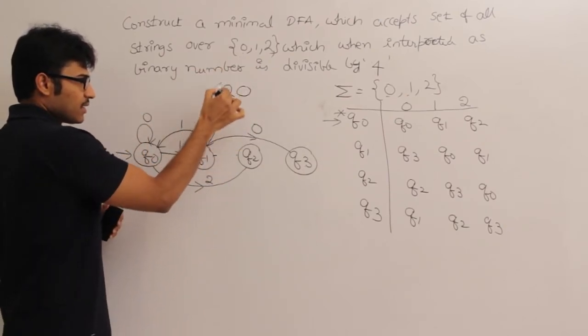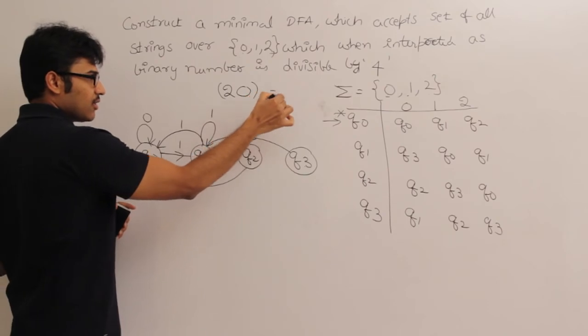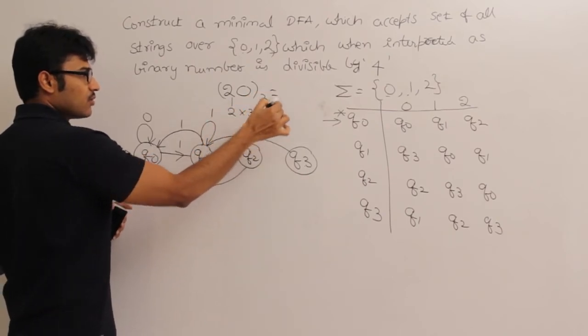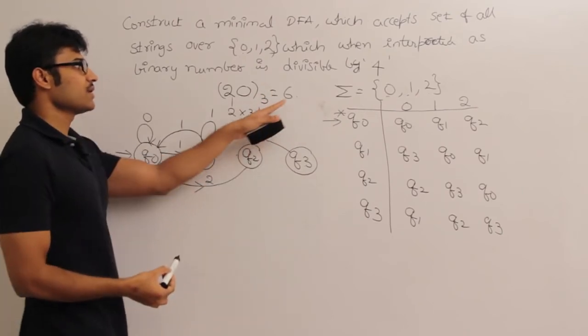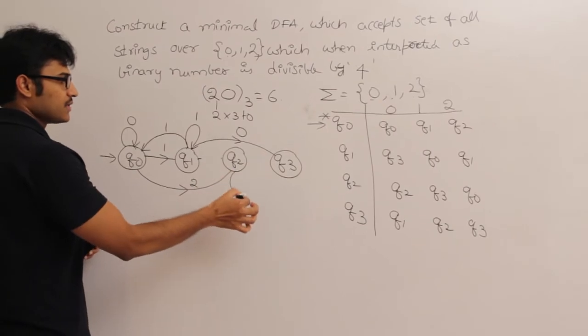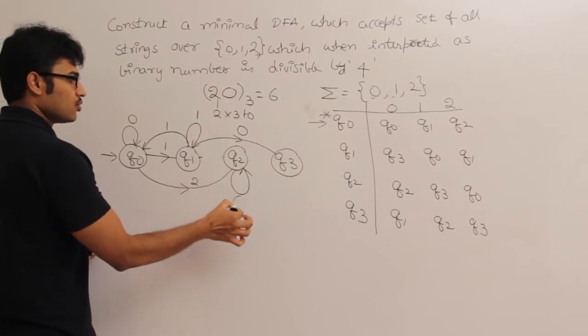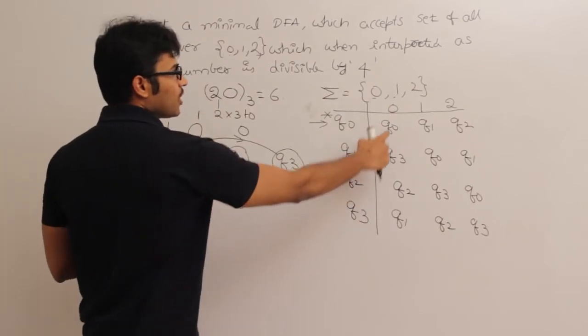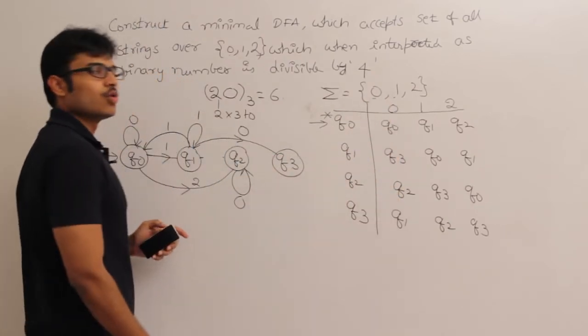It means that base 3 is equal to 2 into 3 plus 0, which is 6. So 6 when divided by 4 is going to give you a remainder of 2. Therefore on seeing a 0, I will be in 2 only, because the remainder is going to be 2. See this, now Q2 on 0 is going to be on Q2 only.